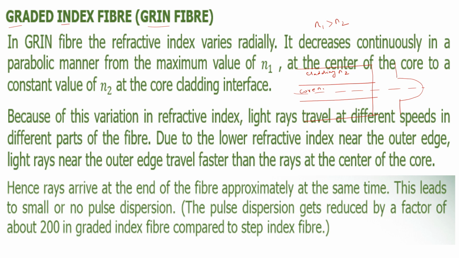How it is going to be? From the axis, it falls down on both sides till it reaches N2. Okay, so this is the GRIN optical fiber. So what we are able to see is N1 is not a single value, it is going to be a gradual increase or gradual decrease. From the axis if you take, it is going to be gradual decrease on either side.